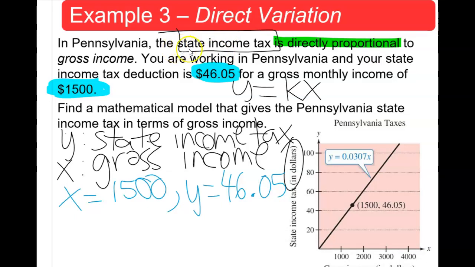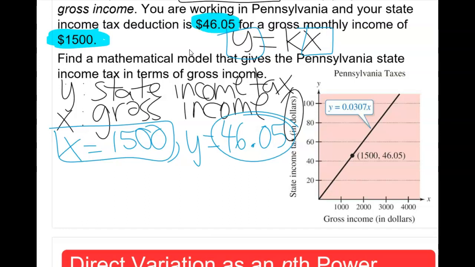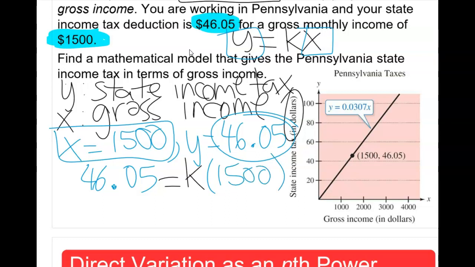So what we're going to do is use the model for direct variation, which is y equals kx. Here we're going to substitute x with 1,500 and y with 46.05. So 46.05 will replace y, and then k, we don't know that yet, and we know that x is equal to 1,500. So we're going to find k.